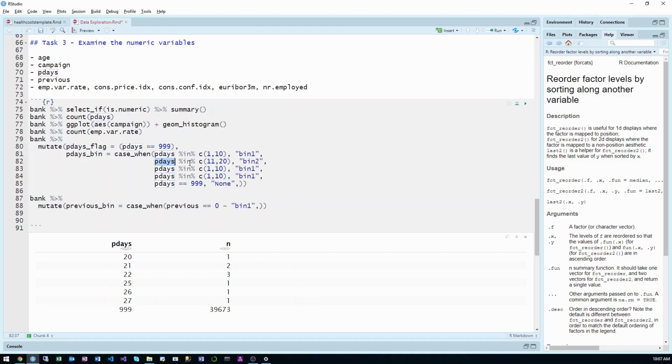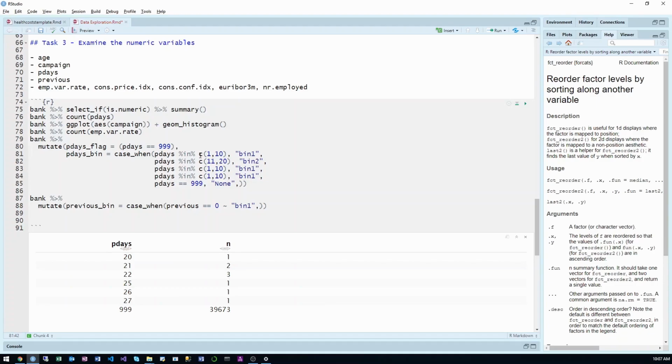So there are at least two ways you could deal with this. You could create a flag, which is 1 when pdays is equal to 999 and 0 otherwise, and then just use this as a separate variable. You could also create a new factor, which would be a bin.